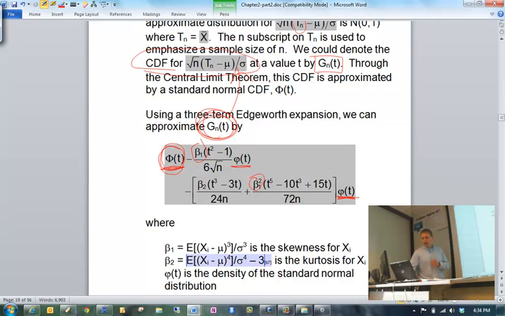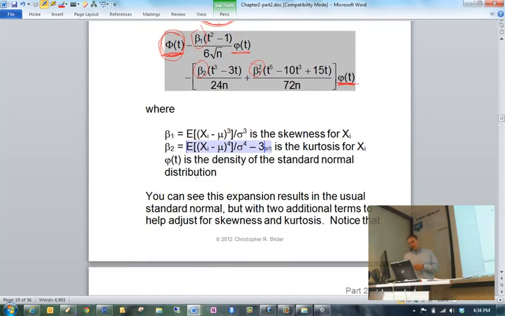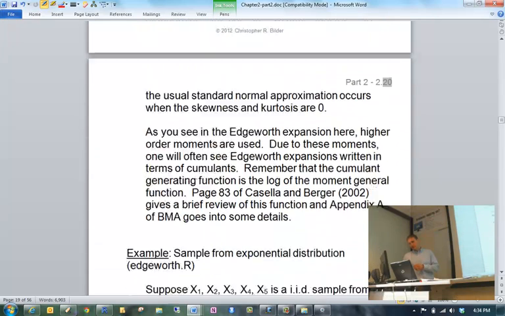You have the skewness, but now you also have the kurtosis as well. So if I have more terms in this expansion to approximate the distribution, do you think this is going to end up resulting in a better approximation for the distribution, or worse? Better. We'll see that shortly.